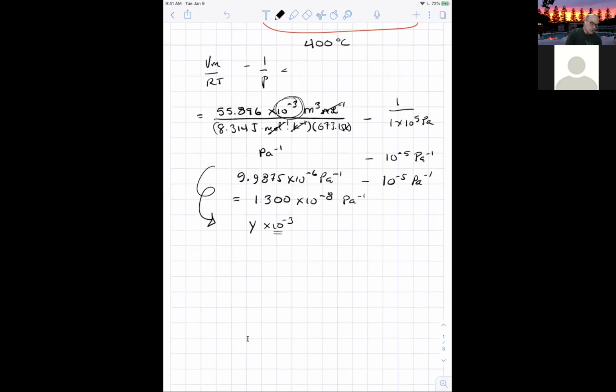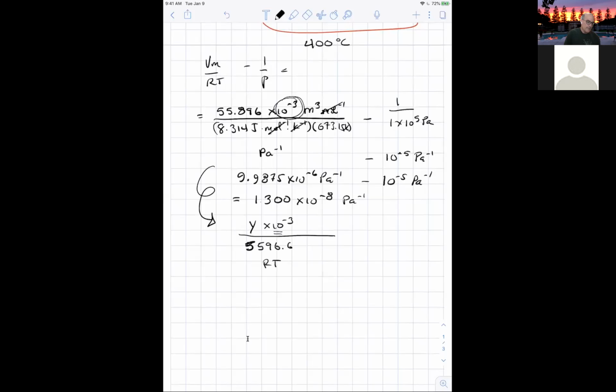And then what are we going to do? Every time we're going to divide by 8.314 times the temperature. 8.314 times 673.15 equals 5596.6, so that's the RT.